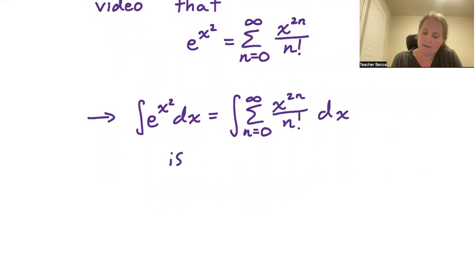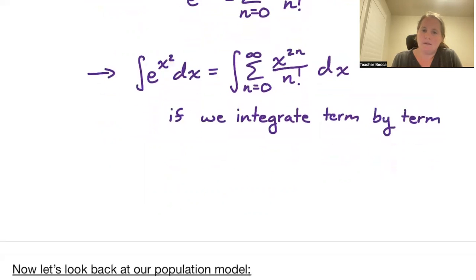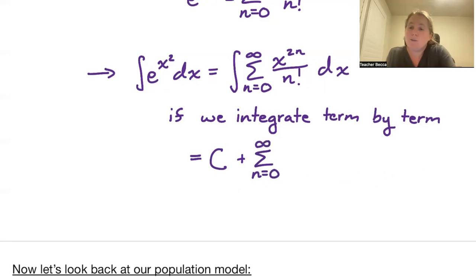So if we integrate term by term, then we wind up getting that this is equal to some constant c plus the sum from n equals 0 to infinity of x to the 2n going up to x to the 2n plus 1.